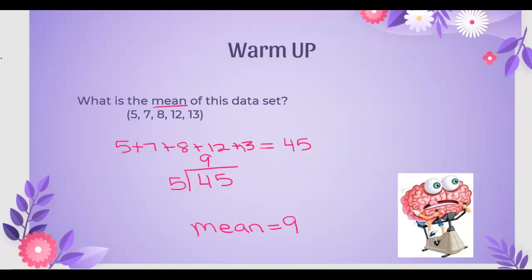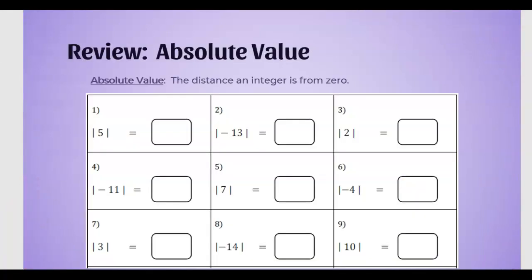Now we're going to use this a lot in this lesson. Let's review though what absolute value means. If you think back, way back, absolute value just means how far away is this integer or number from 0. If you make a number line, here's 0.